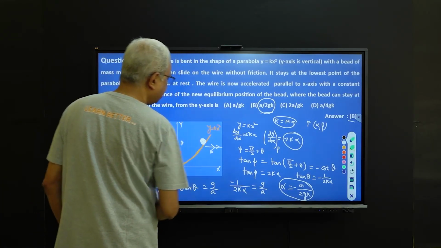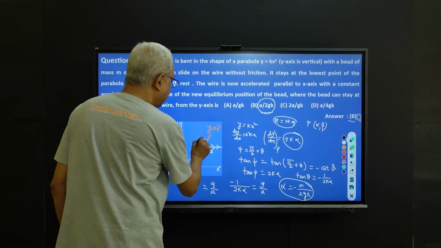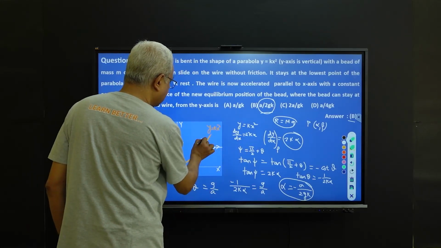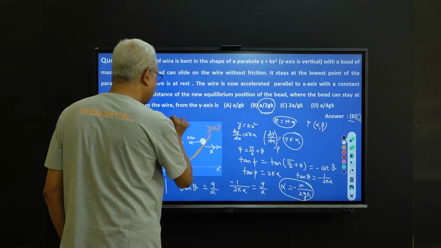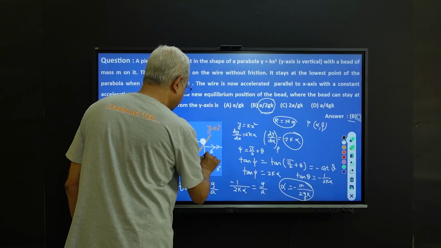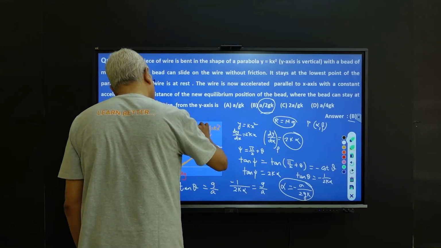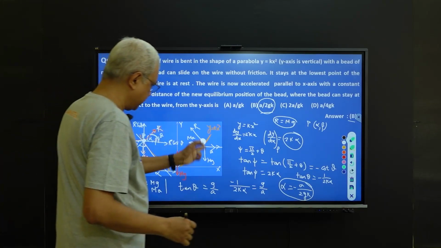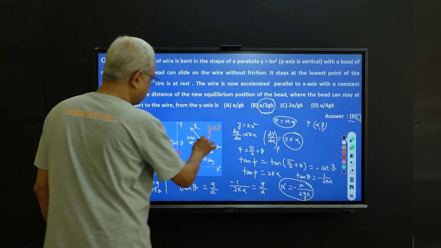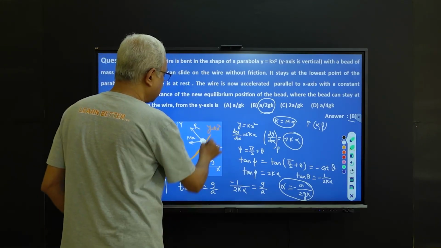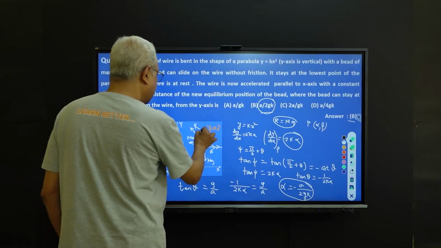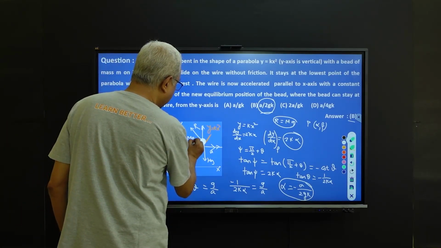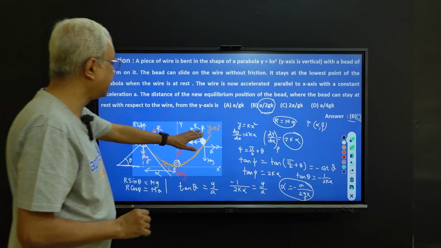Since the frame is moving in the positive x direction with acceleration a, the fictitious force will be in this direction on the bead, weight will be in the downward direction mg, and reaction force will act along the normal to the point P. In this situation the bead can never be at rest with respect to this wire, because the horizontal component of R will not allow the bead to remain at rest.